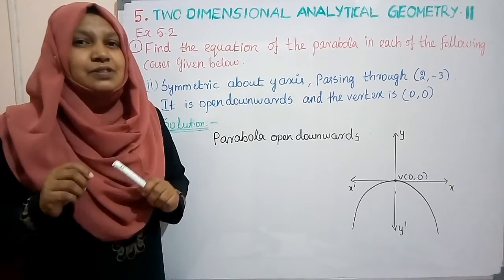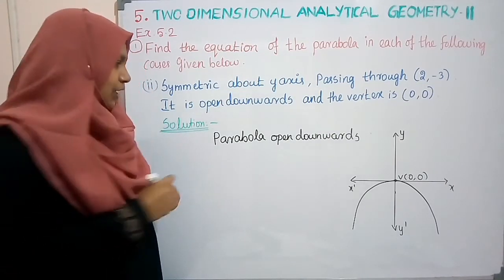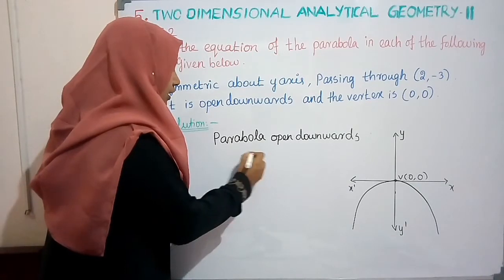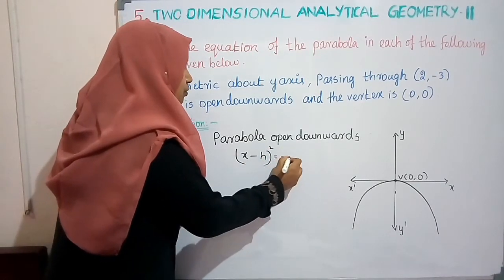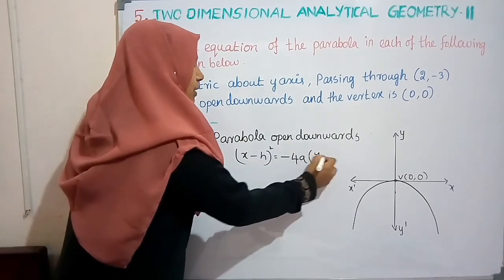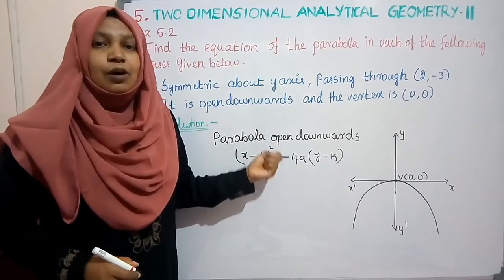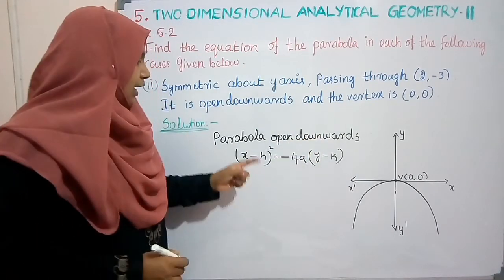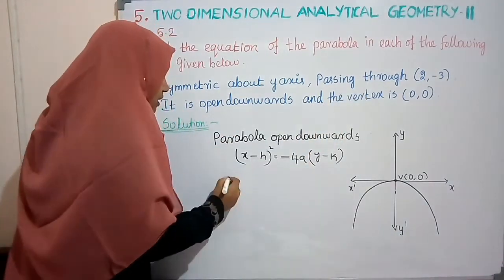So negative side of y-axis means minus 4a y should come. So I am writing x minus h the whole square is equal to minus 4a y, where y means it is y minus k. Understood? This is the equation of the parabola open downwards. And here the vertex h comma k is given as 0, 0.